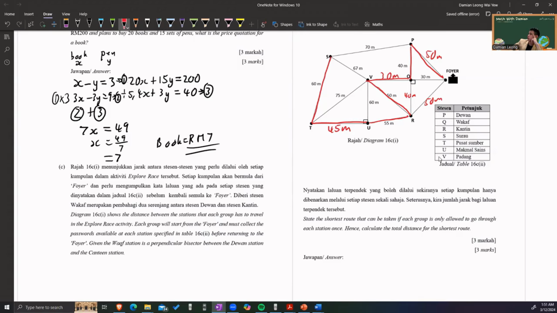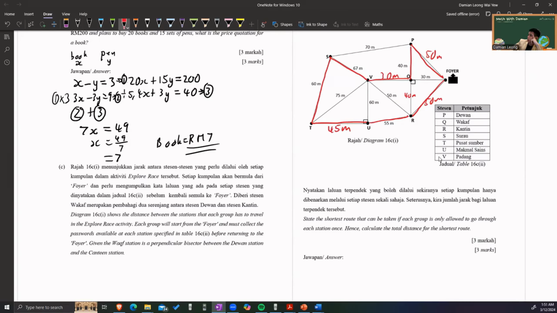Actually, I need to return to the foyer. Sorry, I need to return to the foyer. So if I want to go back to the foyer, then I will have to connect here. Yeah, then I wouldn't want this. I would want here instead.